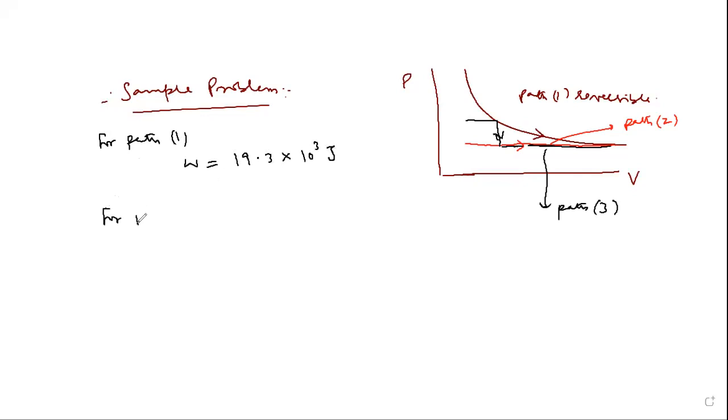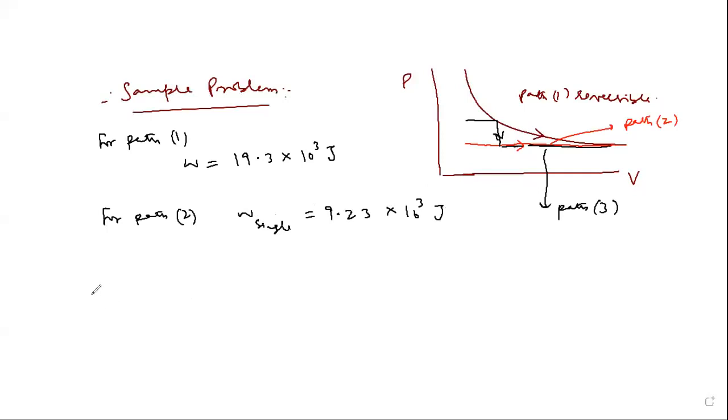For part 2, the single step part 2, the value of the work was, we wrote it W single, it was 9.23 into 10 raised power 3 joules.